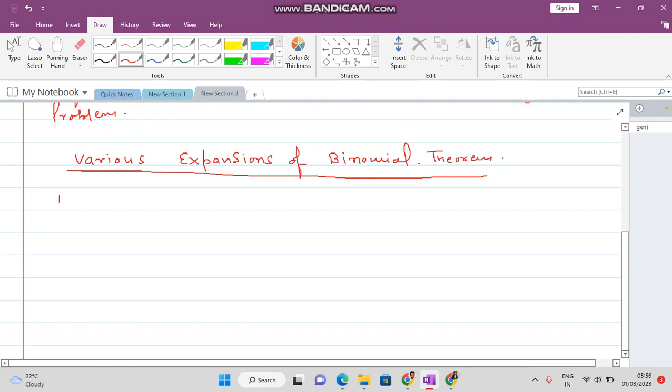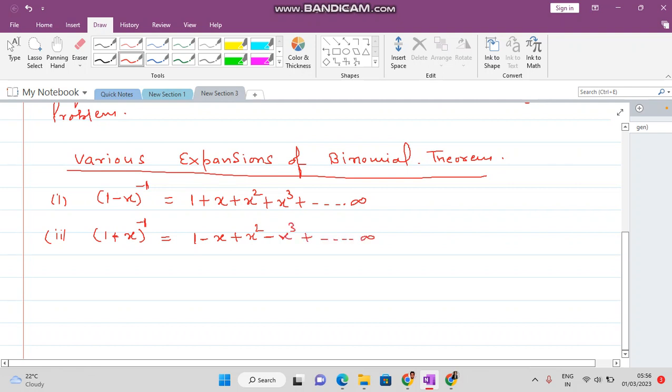So the very first expansion is this: 1 minus x raised to the power minus 1 is equal to 1 plus x plus x square plus x cube and so on. Then 1 plus x raised to the power minus 1 is 1 minus x plus x square minus x cube and so on up to infinity.